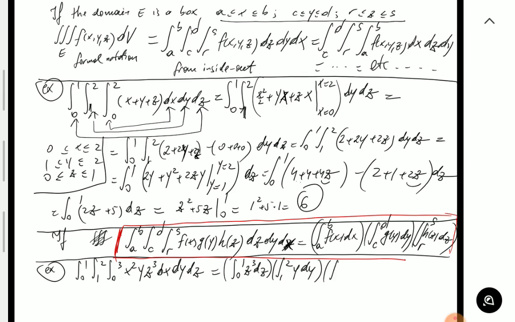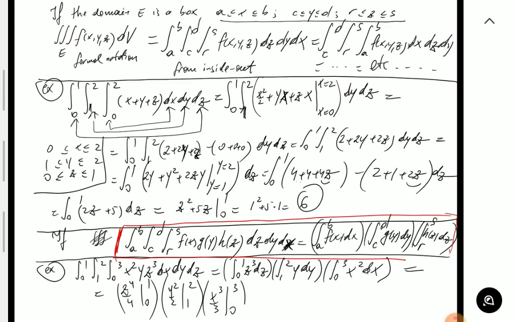And then finally the integral from 0 to 3 of x squared dx. So just the power rule for all of them: z fourth over 4 between 0 and 1, y squared over 2 between 1 and 2, times x third over 3 between 0 and 3.